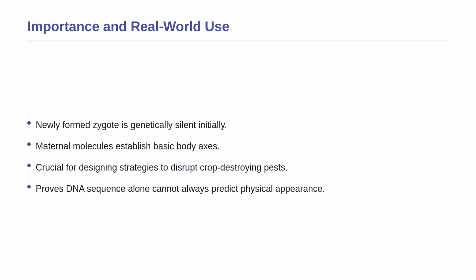Without the maternal molecules preloaded into the egg, the embryo would immediately die because it would have no instructions on how to establish its basic body axes, like distinguishing the head from the tail. In agriculture, scientists study these effects to understand how insects survive early stages, helping disrupt the life cycles of crop-destroying pests. It teaches us that you cannot always predict appearance simply by looking at DNA.